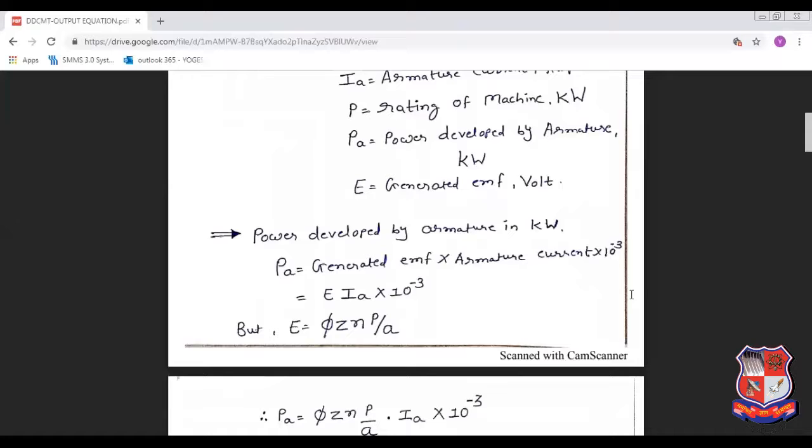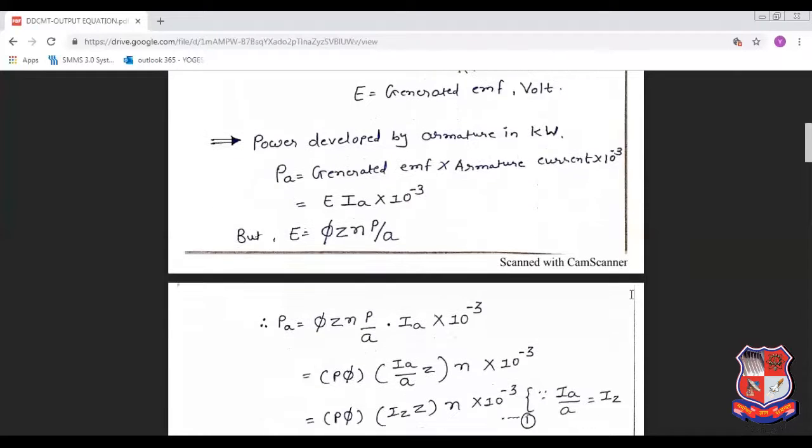Here we use 10 raised to minus 3 because on the left hand side the power developed by armature is in kilowatt, and on the right hand side the generated EMF is in volt and armature current in ampere. So PA is equal to E into Ia into 10 raised to minus 3.